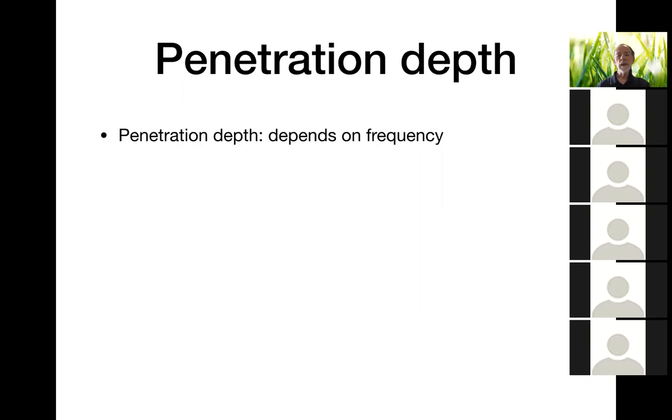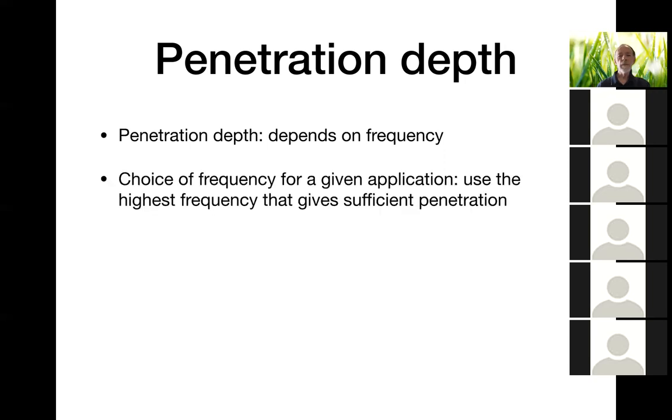And so what we see is that we have to use relatively low frequencies when we're scanning deep, and we can use higher frequencies when we're scanning more superficially. So in the end, we have a rule of thumb which helps us to choose an appropriate frequency for any given application. And that is that we will use the highest frequency that we can that gives enough penetration for the job in hand.